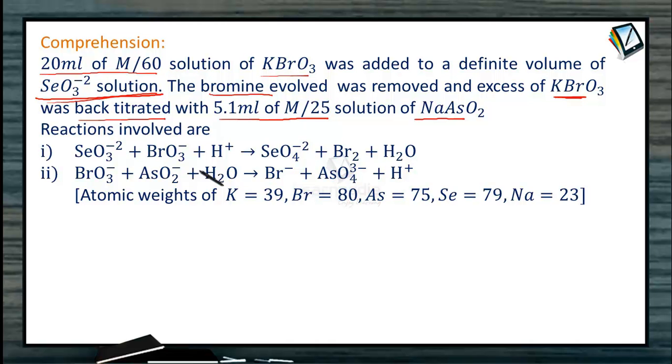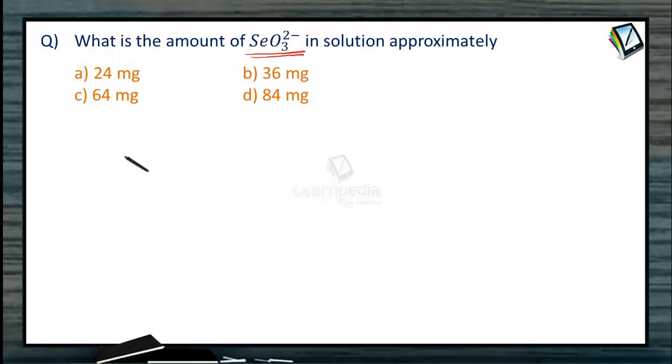Since equations are given, let us work with moles and millimoles. We are using 20 ml of M/60 solution of KBrO3. Therefore, 20 ml of 1/60 molar is 1/3 millimoles of KBrO3, which was first added. The bromine evolved during this reaction is removed, and the excess of KBrO3 was back titrated. So the question is on back titration.